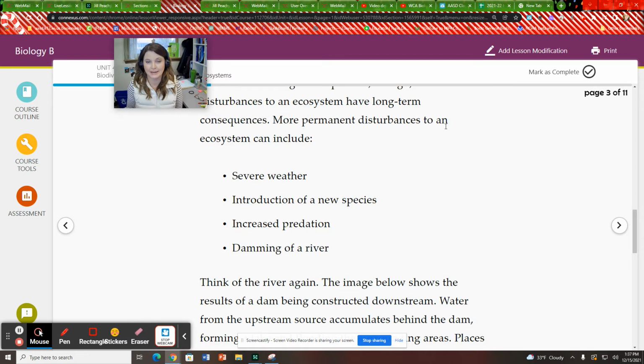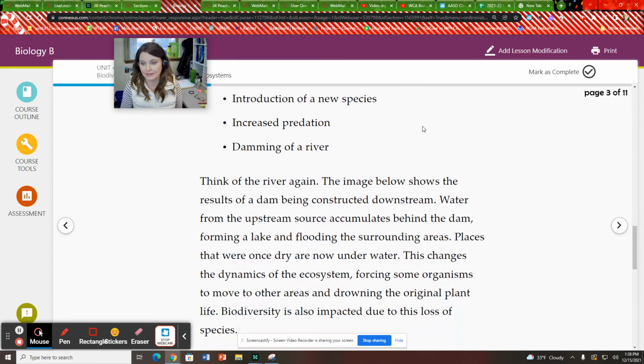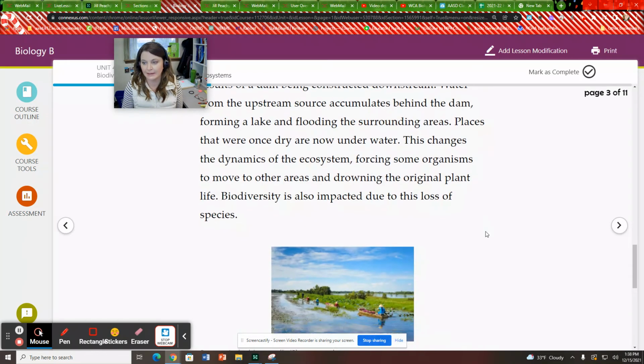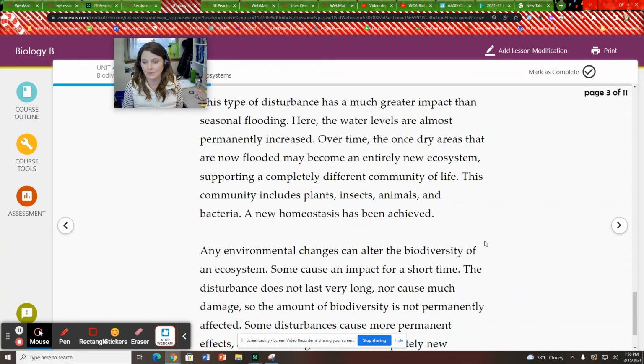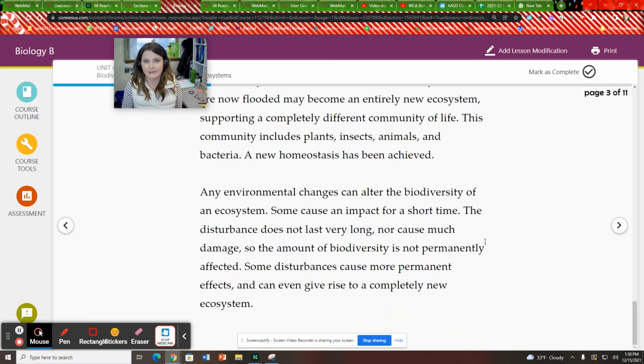Maybe you have more top predators than were there before. That also has a cascading effect on the lower levels of the food pyramid. If you take human activity, damming of a river, for example, can really change a lot of things, change the water level, change the current, change the water quality. It really does change the entire landscape.